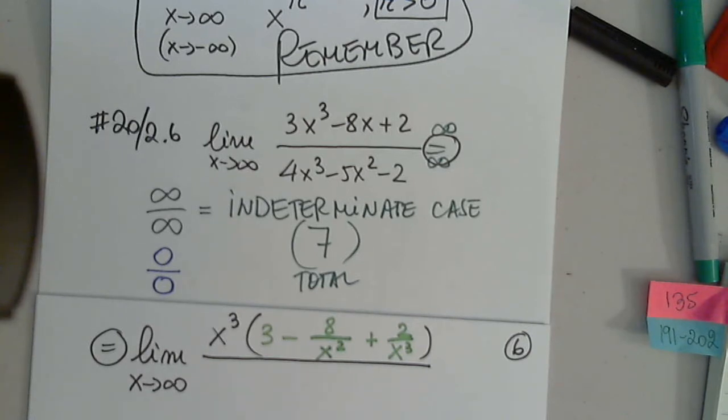I can always do that. So even from 8, I can factor out x cubed. Even from -2, I can factor out x cubed. I can factor out x cubed from anything I want.